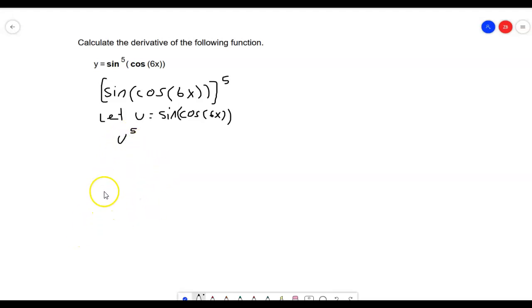So y prime, shorthand for the derivative, is equal to the derivative of the outside, 5u to the fourth, times the derivative of u. I already know what u is, so I can substitute that back in any time. Now I really just have to figure out what the derivative of u is.